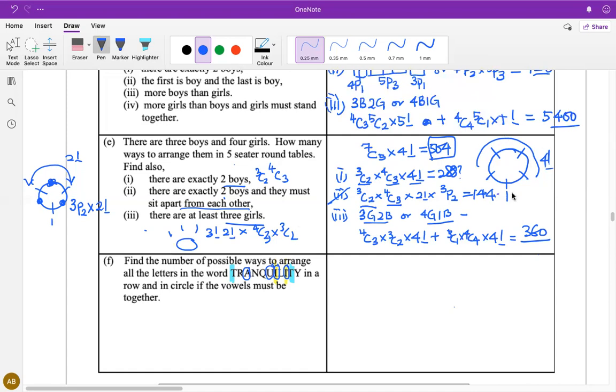So it should be 360 here. Let me check why. Two takes the girl, left 3, so 3P2 times 2 factorial.